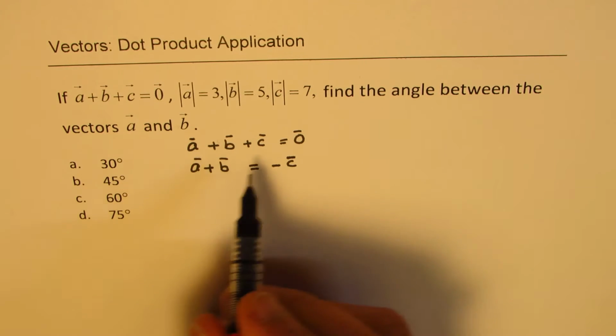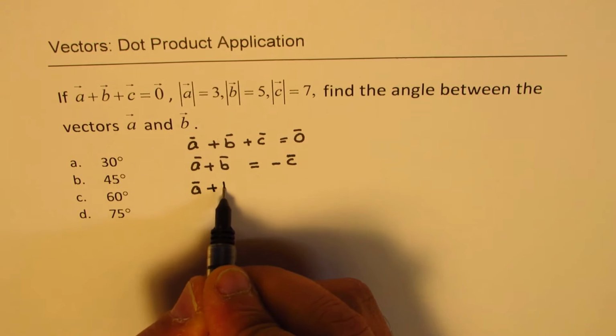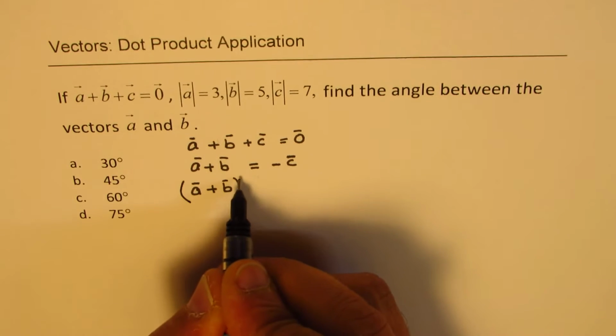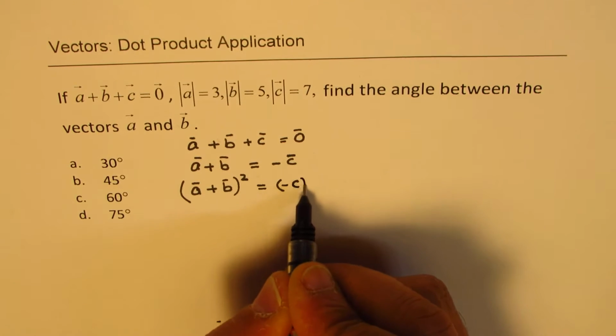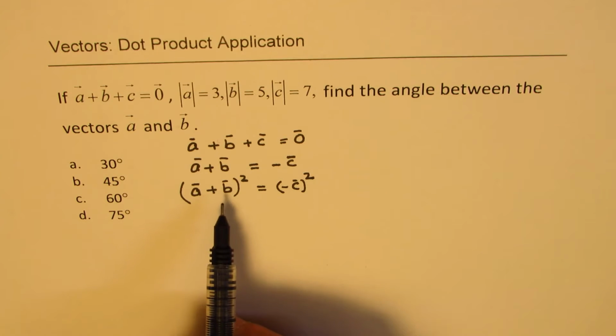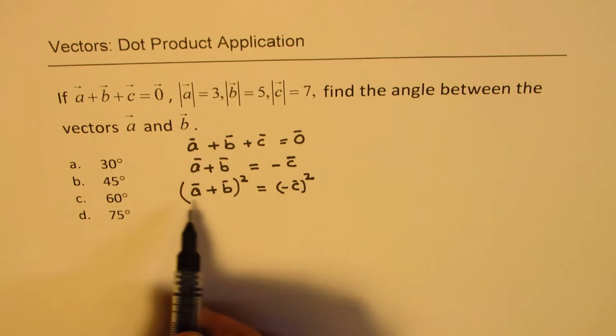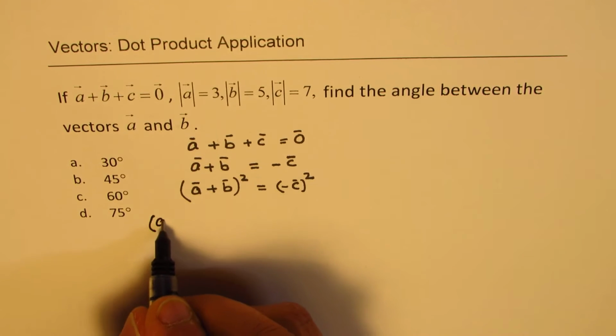Now, if we square both sides, what do we get? We get the square of the sum of vectors a and b on the left side and the square of the vector c on the right side. Squaring a vector really means what? It means a dot product by itself, right? So we are applying the properties which we learned about dot product.